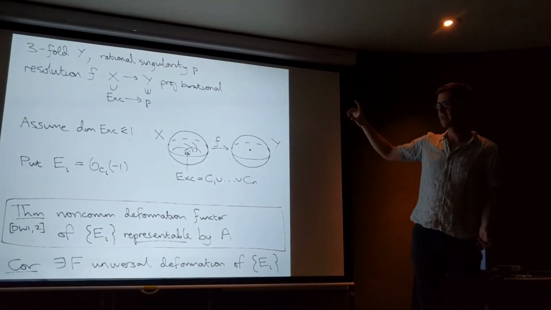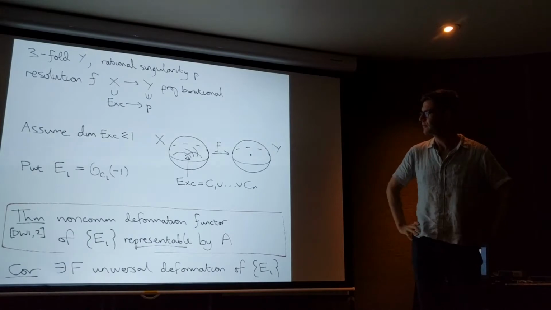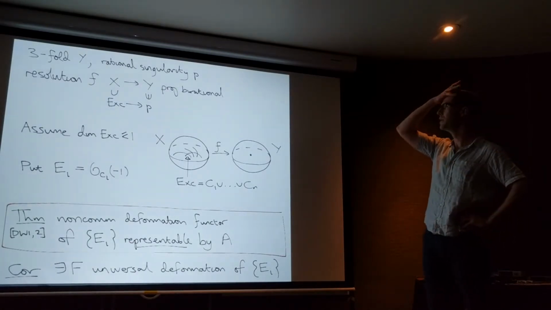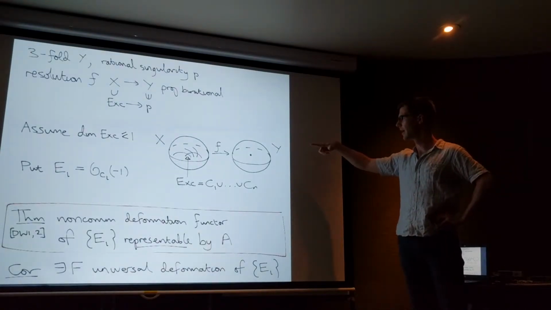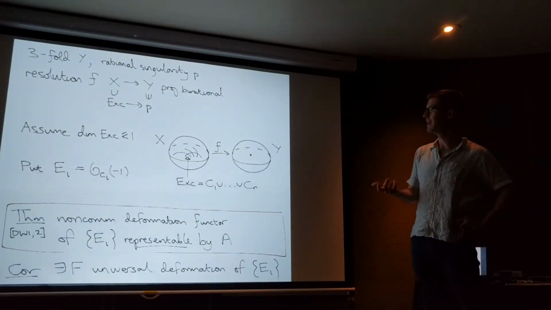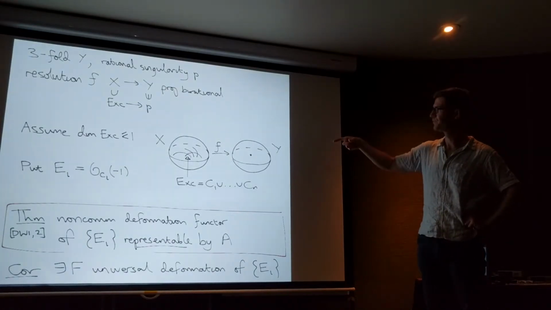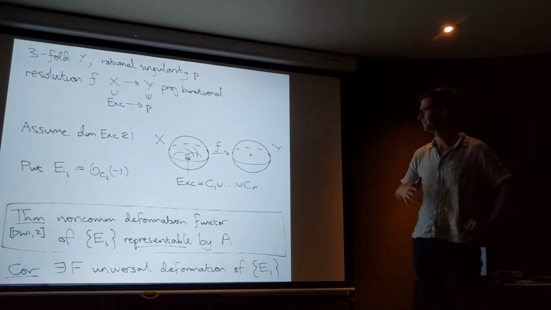So this setting includes the examples I had at the beginning and many more. I take a threefold Y with a single isolated singularity at some point P, a rational singularity by assumption, and I take a resolution X with exceptional locus assumed just a curve.